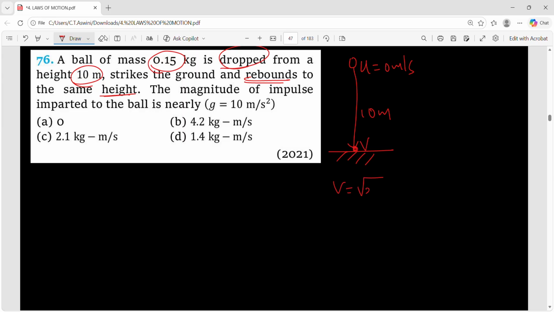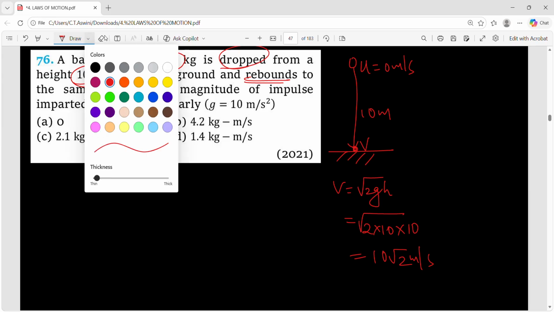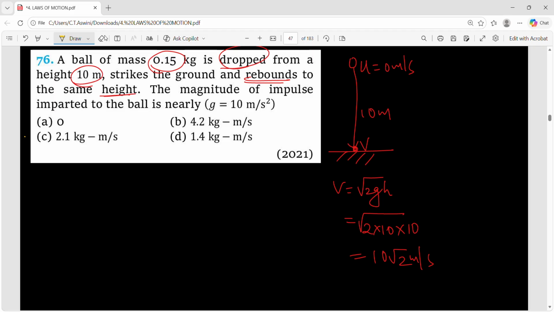Height is 10 meters. What will be the velocity by the time it strikes the ground? That is nothing but root 2gh, right? Root 2 into g value 10, h value 10. So root 200. So this is 10 root 2 meter per second. This is the velocity with which it will hit the ground.